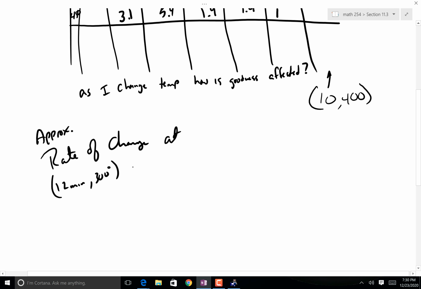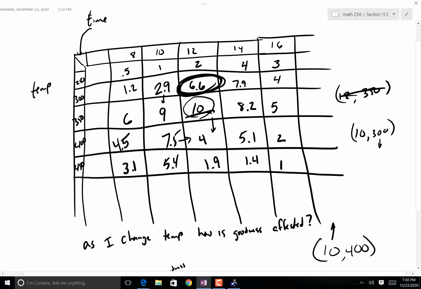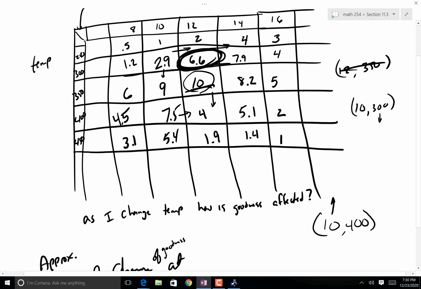Well, the change of goodness by changing the time. Okay? And so what I want to do is hold temperature constant. So I want to look across here. Okay? I want to look from here to here. I want to look from here to here, and I want to basically approximate them. So what I'm going to do is I'm going to go 10, 2.9.